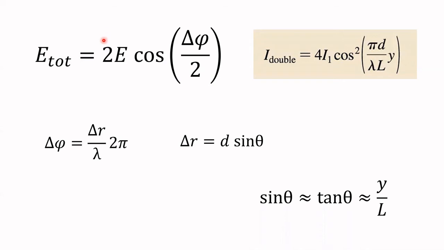So those same constants of proportionality would be out front. So do you see how that works? Once you square the whole thing, you've got your factor 4, that's right here, and then you've got your E squared, which is basically the intensity from each individual slit, once you stick in the constants of proportionality, and then you've got your cosine squared, and all this garbage inside the parentheses comes from the sequence of steps that I just outlined. So there it is.